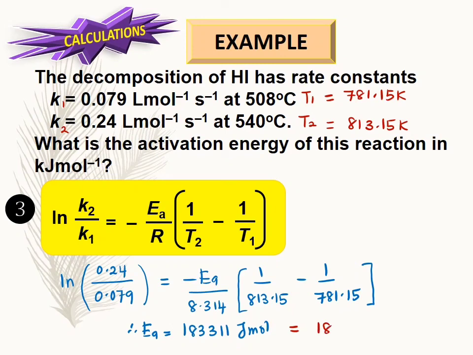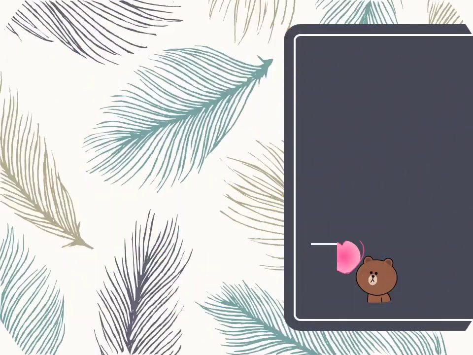So ini dalam joule per mole, tapi soalan nak dalam kilojoule per mole. So 183.311 kilojoule per mole. So ini adalah final answer you all lah. Okay, boleh. So very simple, cuma you kena be careful when you press your calculator. Okay, waktu you all pindah-pindahkan unit tu lah. Ini matematik ya kelas. Okay.